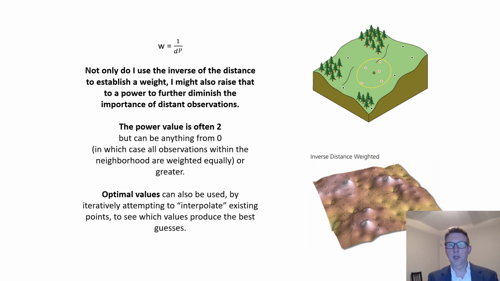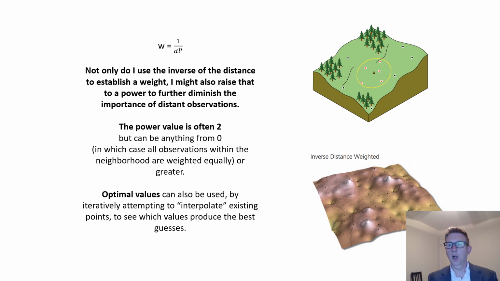But you can actually generate optimal values in a really interesting way, which is that if you take the known points that you have, you can iteratively take one away, or pretend that it wasn't in the original data set. Try to estimate the value of that point with inverse distance weighting according to a number of different exponents, the p parameter here, and you can see which p parameter gave you the best fit.